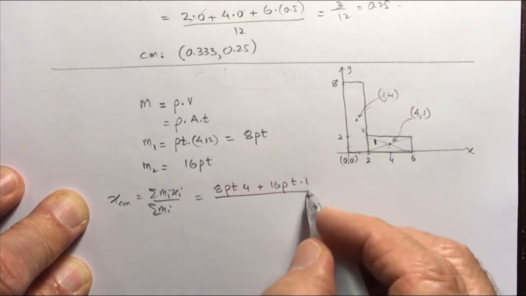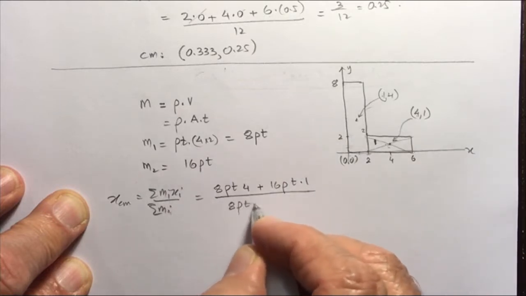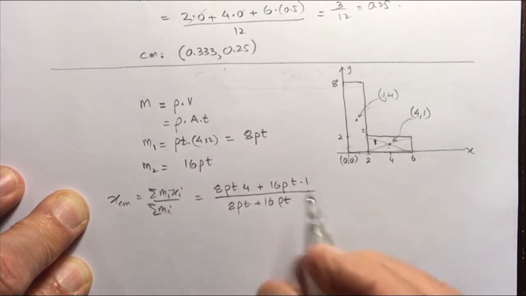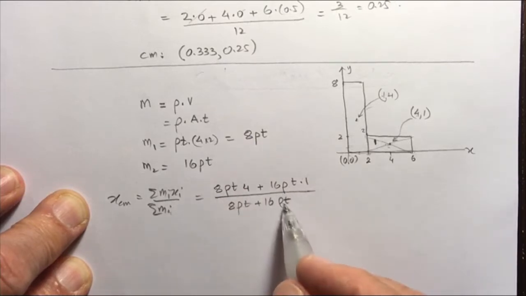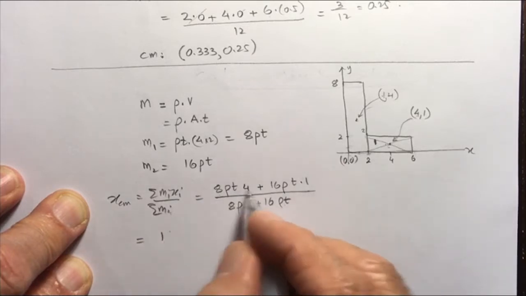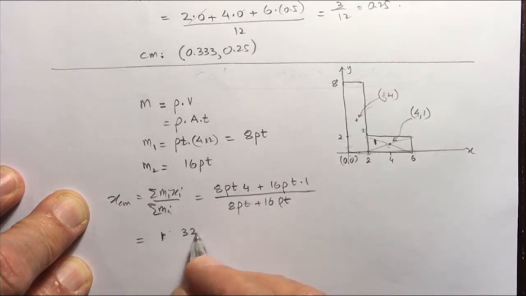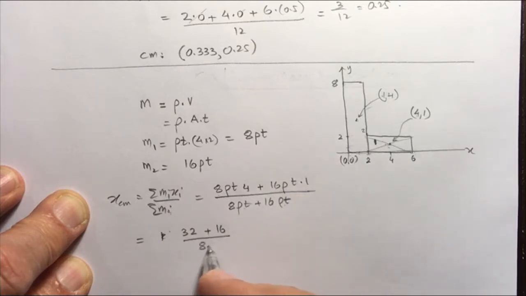Divided by the two masses added, M1 plus M2, which is 8 rho t plus 16 rho t. Now this rho t and this rho t can be factored out and they'll just cancel out. So we'll just be left with 8 times 4, 32, plus 16, over 8 plus 16.